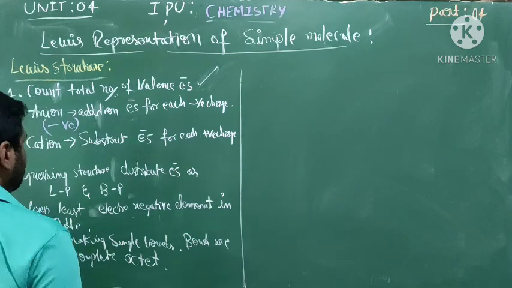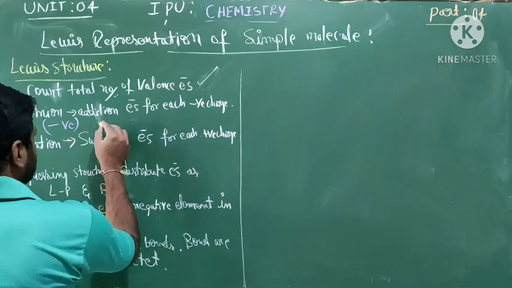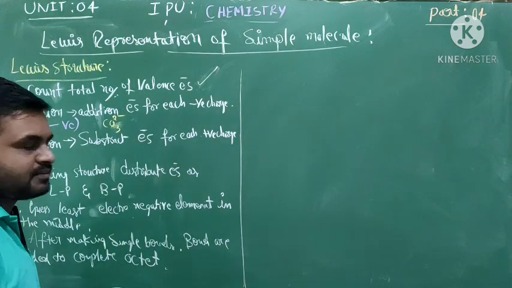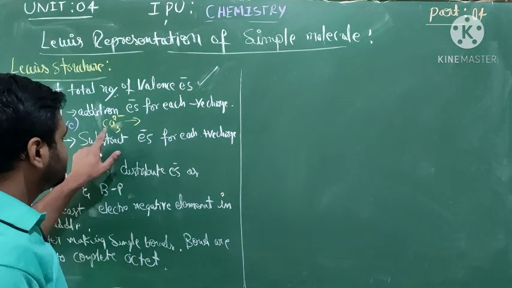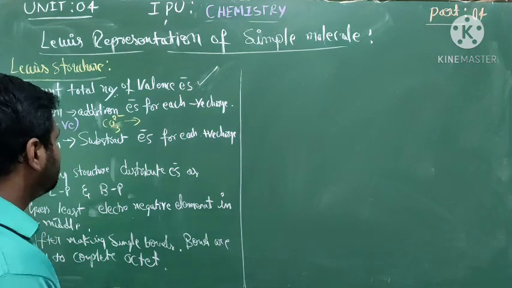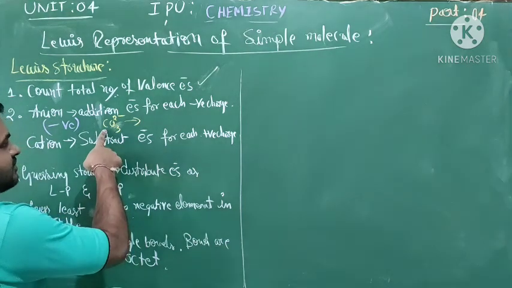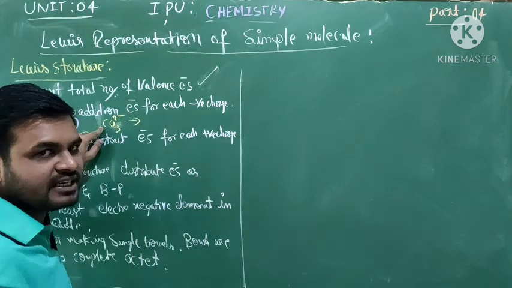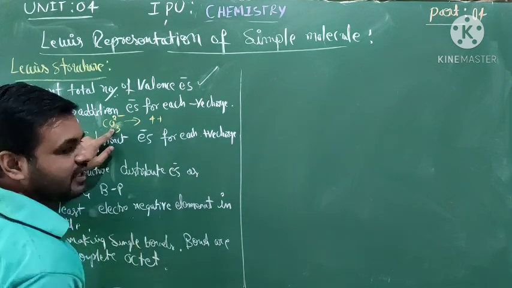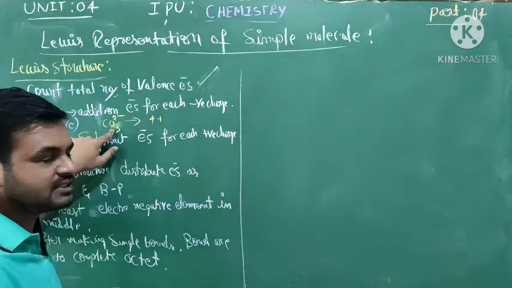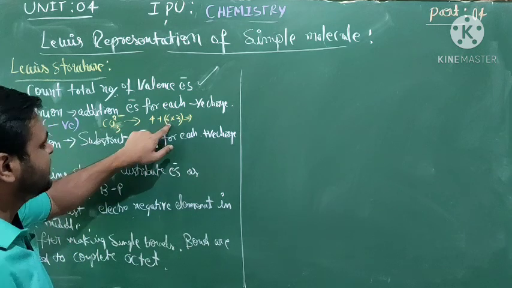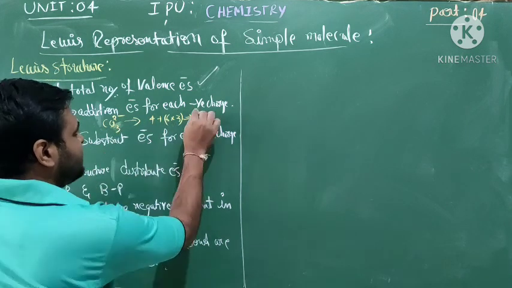For example, consider carbonate, CO3 2 minus. See here, in carbonate, how many valence electrons does carbon have? 4, plus oxygen valence electrons is 6, 6 into 3. Total how much? 6 into 3 is 18, plus 4 is 22.